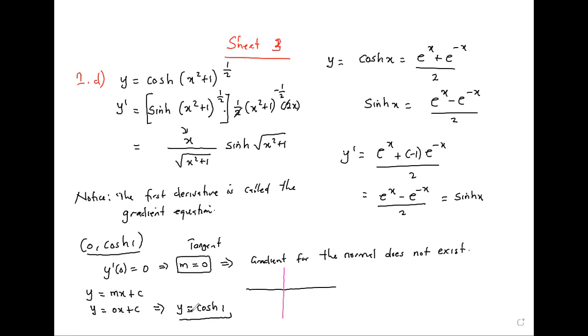This is called a horizontal line. So we have found the equation of the tangent line. It's tangent indeed, but it's just a constant line function. This was 1D.